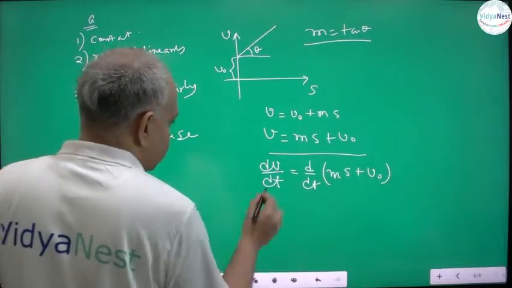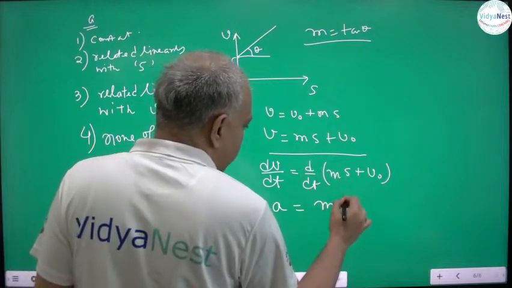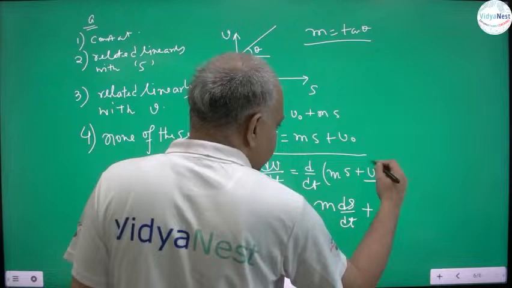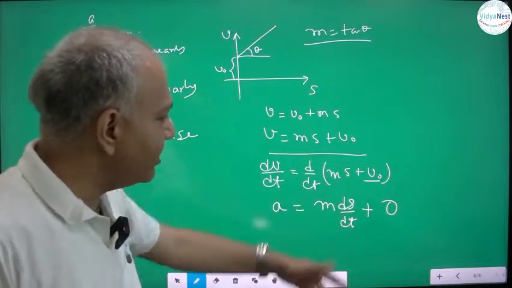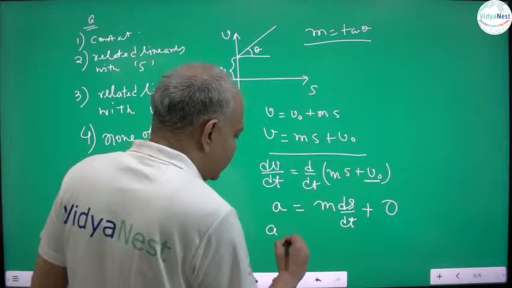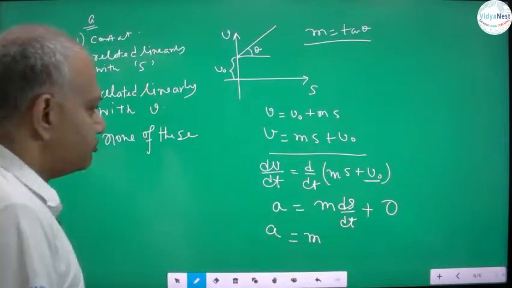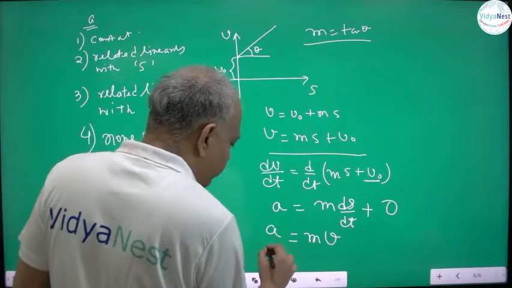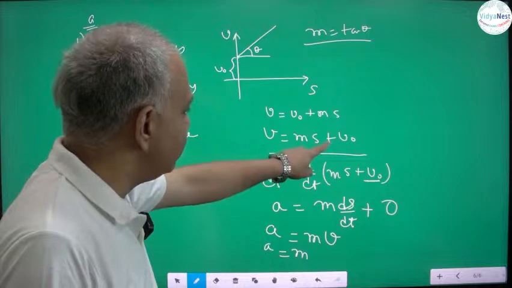Now m is a constant, it is coming out, ds/dt, and you can see this v naught is a constant, so it is 0. So ds/dt is what? It is the velocity. The acceleration is equal to m into velocity v. Therefore, I am just going to substitute. What is the velocity? ms plus v naught.